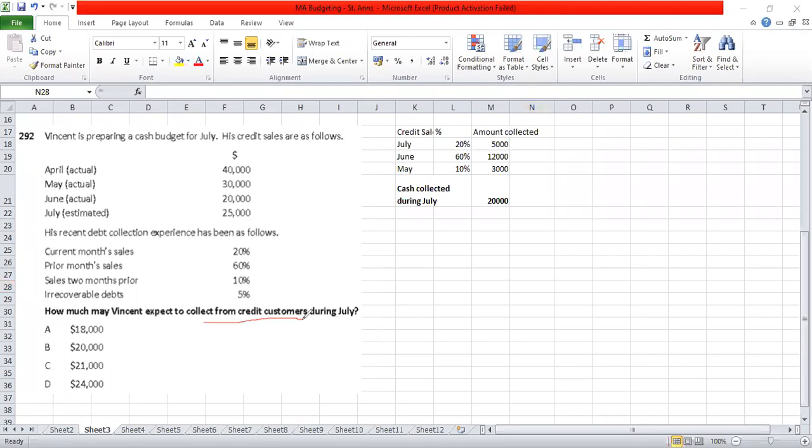Only very specifically credit customers. So it's only addressing one issue, which is credit customer. So the credit part of it only we have discussed. So what is the total collection during the period, even the cash sales also has to be taken. Okay, so that 5,000 could be the 5% cash sale. Yeah, yeah. Okay. Because the question is very specifically addressing the credit customer. Done. Okay, ma'am. Thank you.